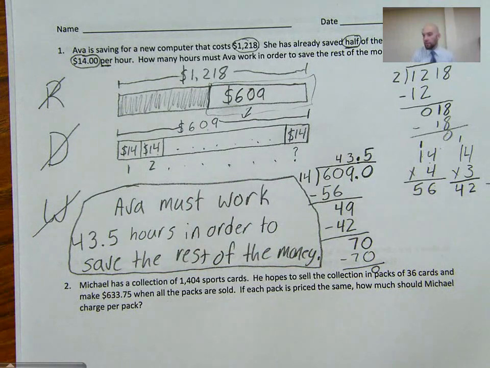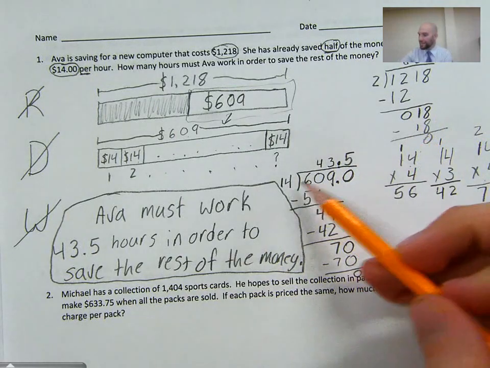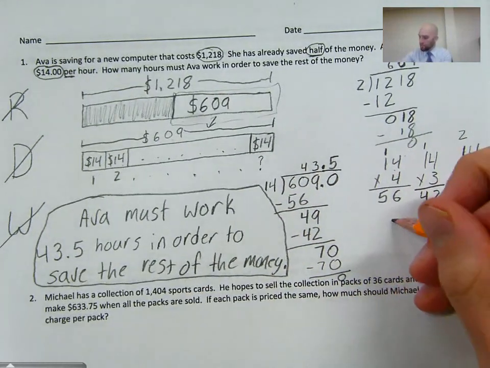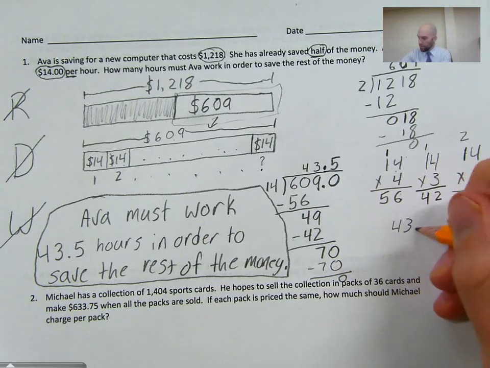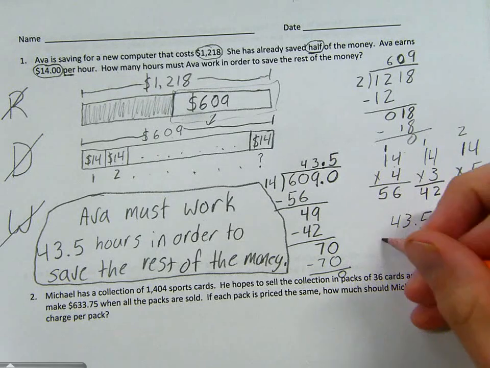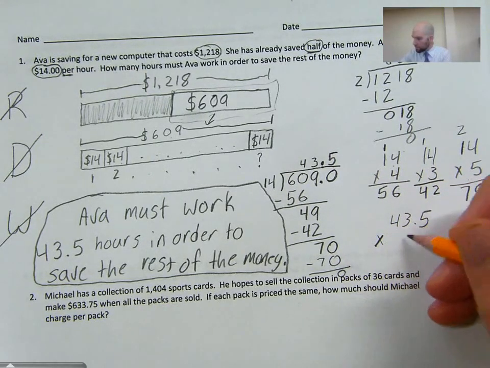And what we can do if we want to check our answer is we can check using multiplication. So if I wanted to now turn around and go 14 times 43 and a half, 43 and a half times 14.